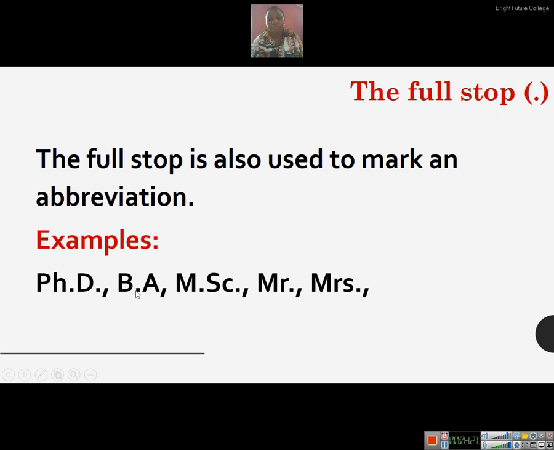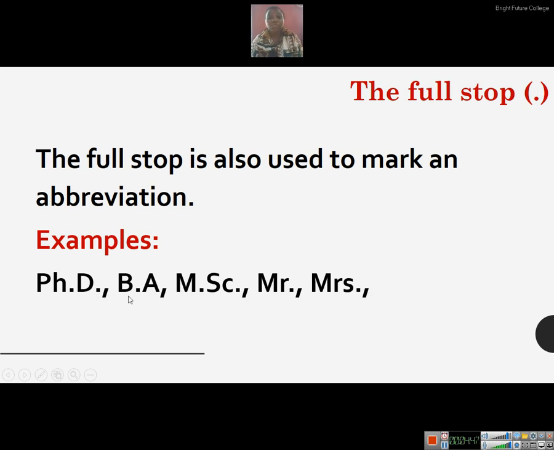I have BA, MSc, Mr., Mrs. All of these are complete words, but we decided to shorten them. That means abbreviate them. So when you decide to shorten a long word, and then you write it by picking some letters from that word, by abbreviating those words, you use the full stop.